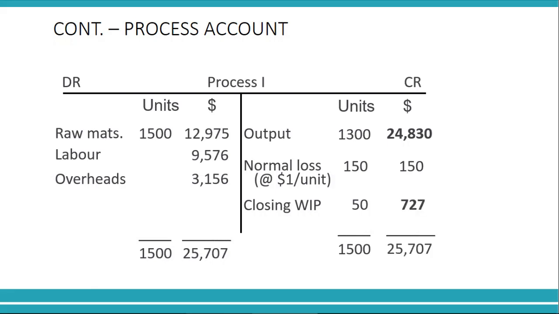When you make a total, these two numbers will be equal. This is how you calculate your closing work in process. You calculated here 3 steps. Number 1, you made your statement of equivalent units, so you converted your finished units or work in process into number of equivalent units.